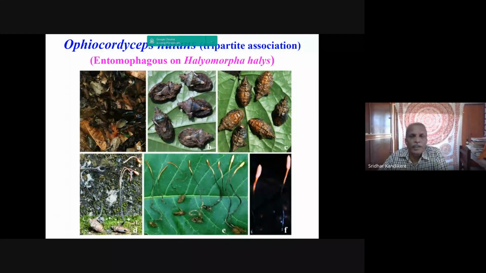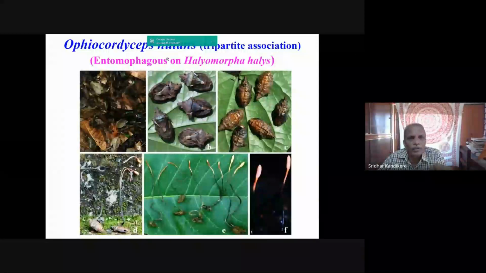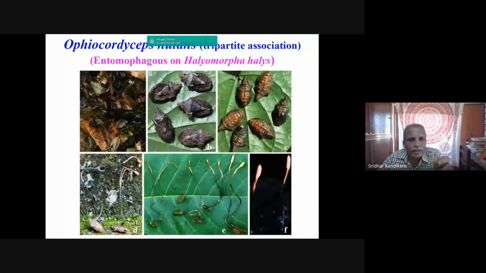And these are the bugs, Heliomorpha halis. They are sap-sucking insects, and when they suck the sap, what happens? Invariably, they are going to take the Hirsutella. It is the imperfect state of Cordyceps nutans, and the bark will be damaged, and it is going to suck the juice.